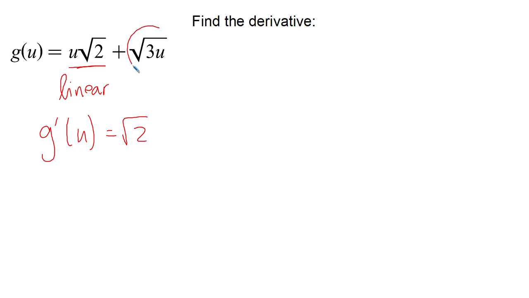Then we'll deal with this here off to the side a little bit. That's like having the square root of 3 times the square root of u. And so the constant out in front is just square root of 3. It's like having square root of 3 times u to the 1/2. And so now we can just use the power rule on that.